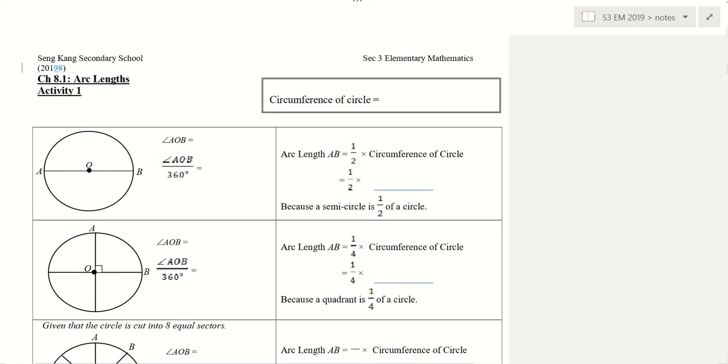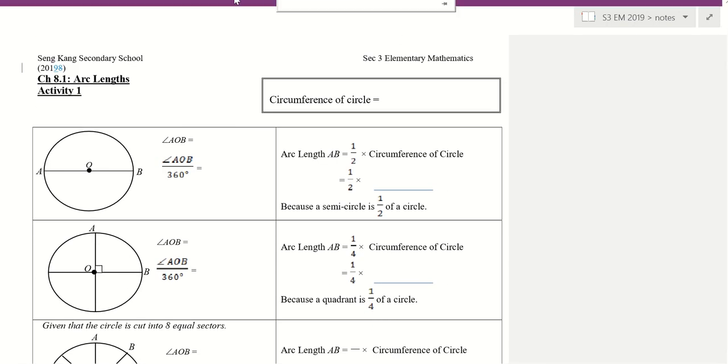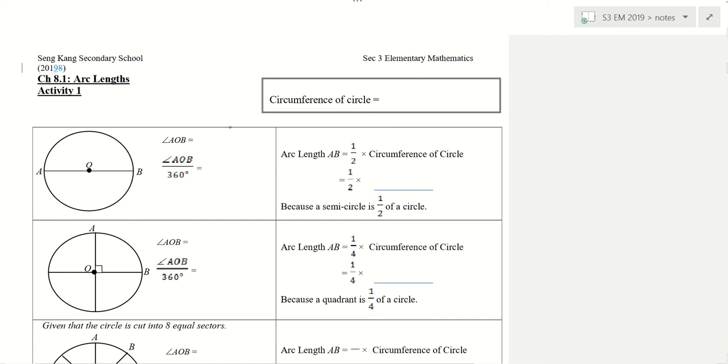And for activity one, I just want you to explore. Can you help me with the first one? What is the perimeter of the circle? What's the circumference of the circle? What's the formula? 2 pi r. Okay. I refuse to use pi times diameter, so I use 2 pi r. It's the same, because usually they give you the radius.